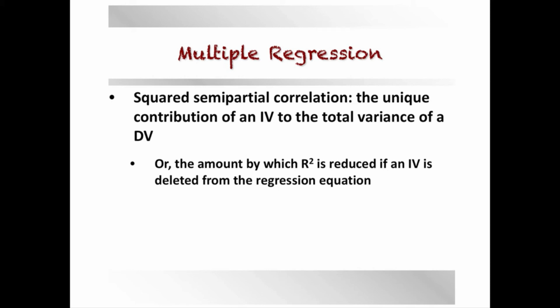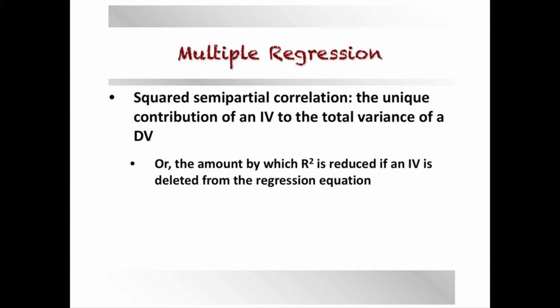So this is like, what would R squared be if you went from both mother's anxiety and father's anxiety to just, let's say, mother's anxiety by itself. And so then you can see the effect of having dad in there versus not having dad in there in terms of the R squared.